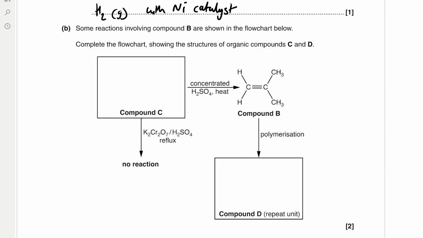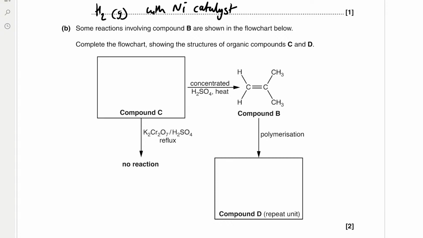So it can be heated with concentrated sulfuric acid to make an alkene. So then it must be an alcohol because it must be dehydrated, or elimination must occur to form that alkene.